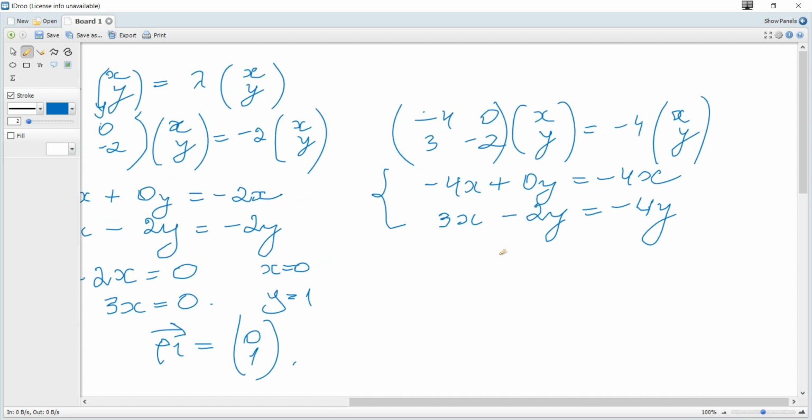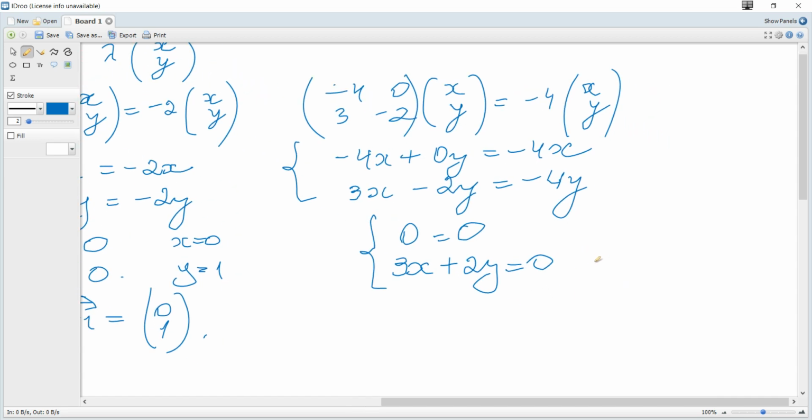The first becomes just 0 is 0, and the second becomes 3x plus 2y is 0, and we should choose integers, the smallest possible, so that it is true.